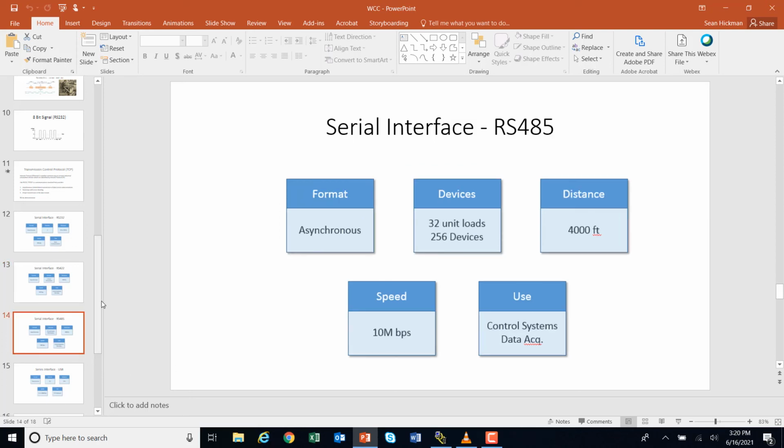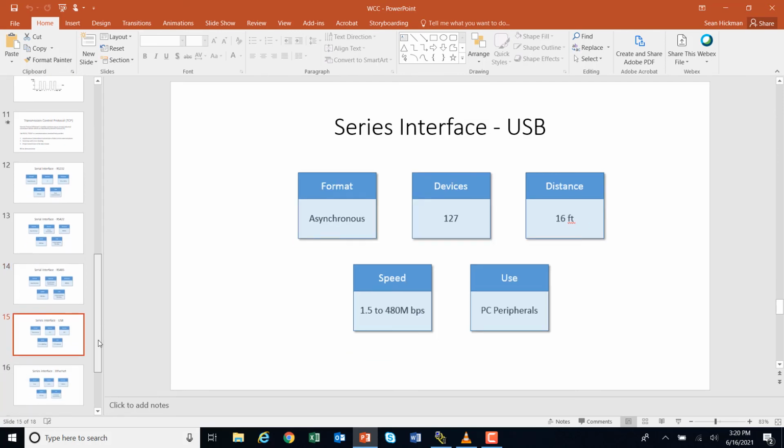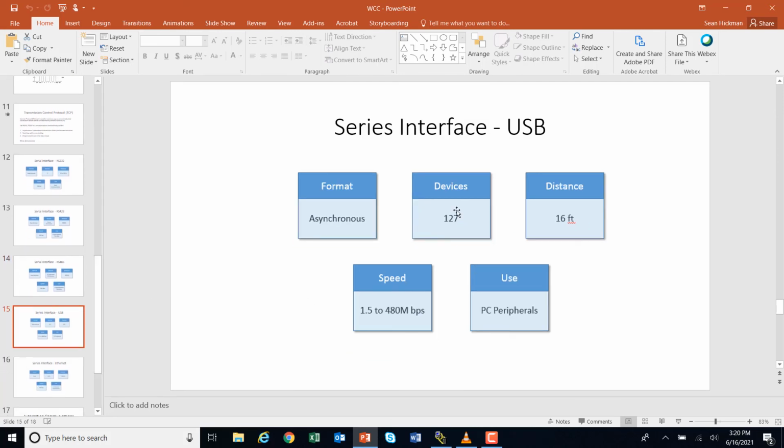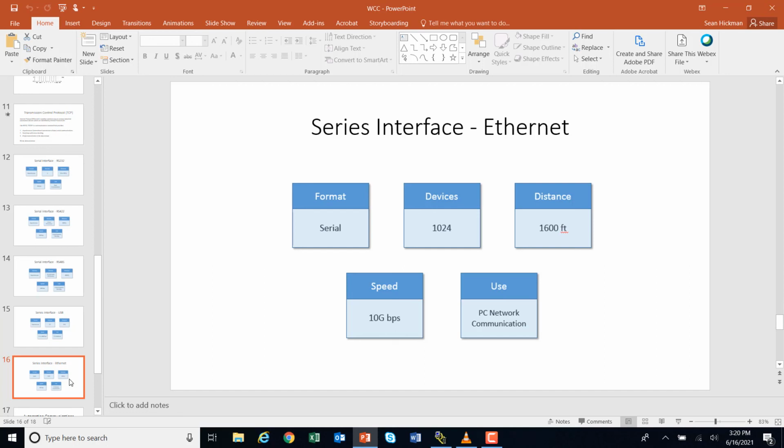You know how computers progressed over time. RS-485, we have more devices, still pretty long, speed's getting faster. We talked about USB, it's fewer devices, but its speed is very fast. And then now Industry 4.0 uses Ethernet, which is a fair amount of devices, pretty far, and super fast speeds, and that is what is going on right now.